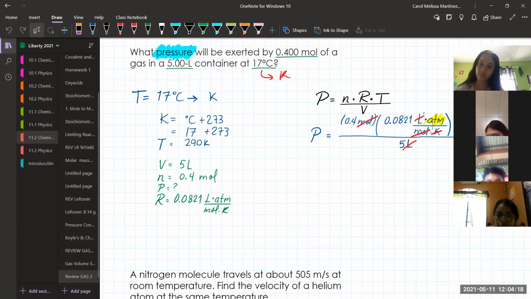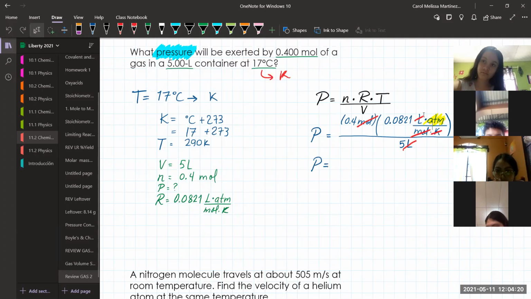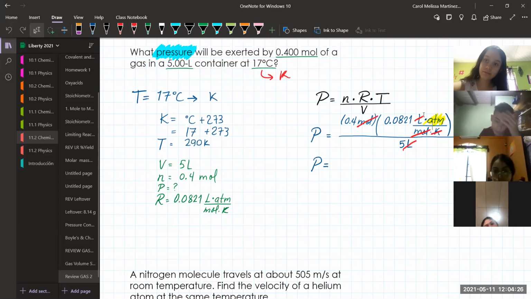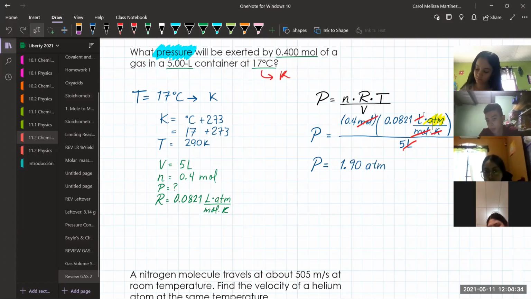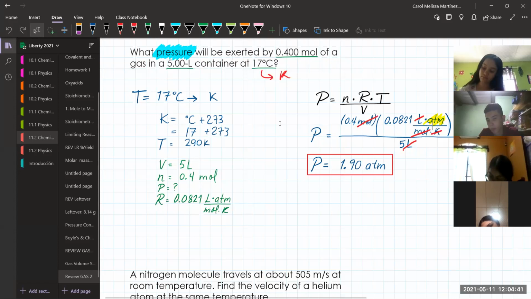So how much is this? 1.90, and the unit ATM. Okay, that's it.